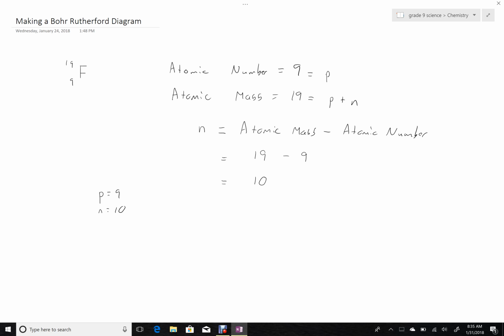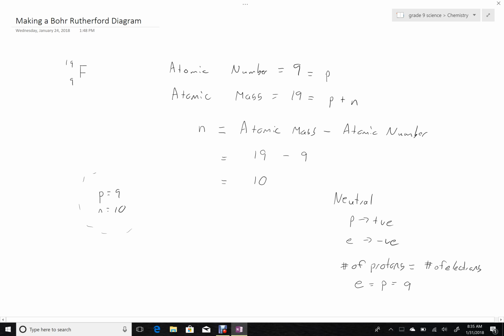Since I said that this atom was neutral, and we know that protons are positive and electrons are negative, then if it's going to be neutral, the number of protons is going to be equal to the number of electrons. And as a result, the two will cancel each other out and give us no charge. So here, my number of electrons is going to be equal to my number of protons, which is 9.